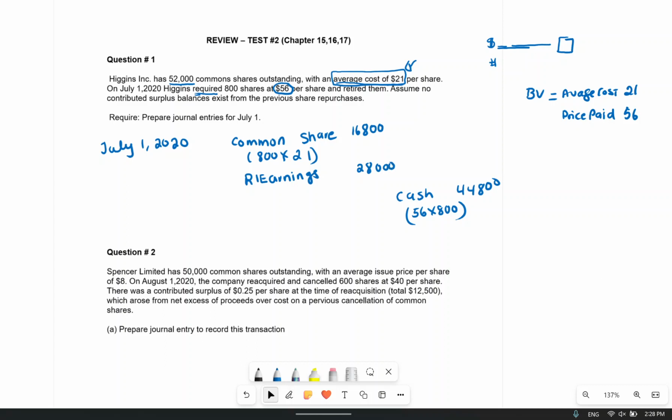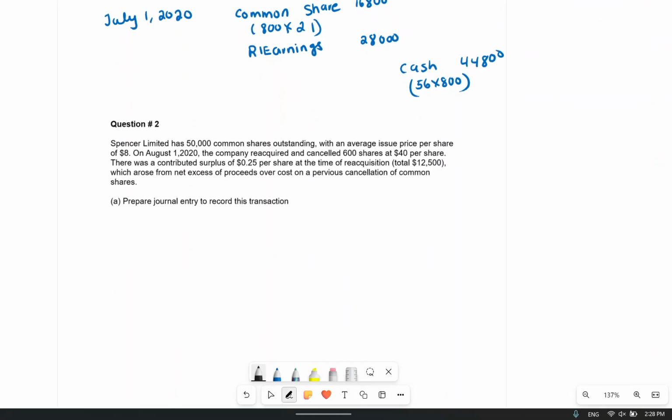At this point we don't know if they had any contributed surplus, because they said there's no contributed surplus. If there was a contributed surplus, then you clear your contributed surplus, and the leftover will go to my retained earnings.